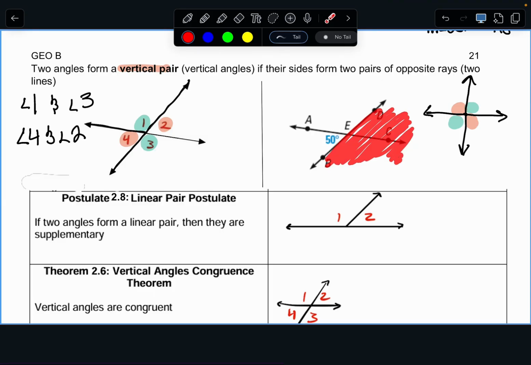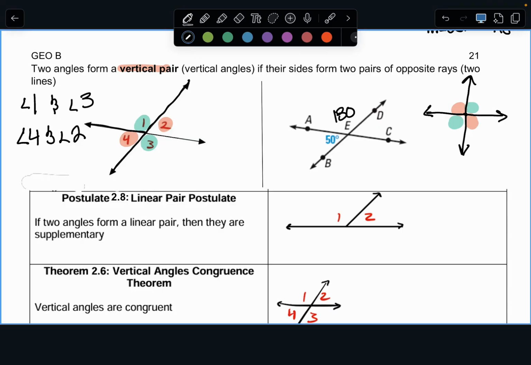What angle is supplementary to 50? Supplementary adds to 180. So what number plus 50 equals 180? 130. So this one's 130.